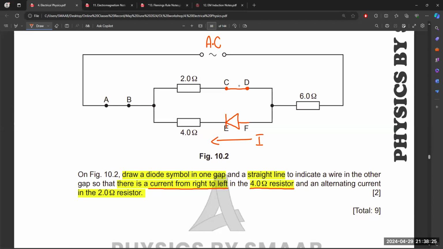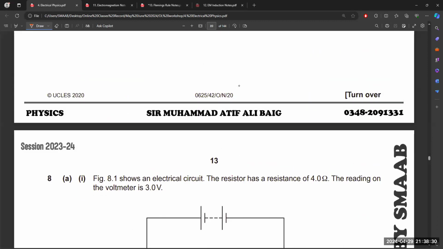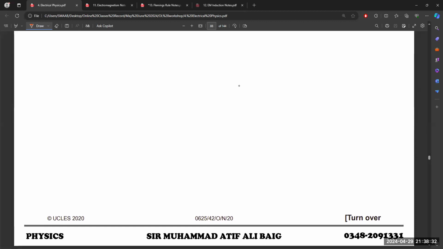So mostly you observe, now we are at October/November 2022, like 2022, sorry, 2020, 21, 22, 23, 2020. So in these 3 or 3.5 year variants, you observe there are very few questions related to DC, right? You are getting more questions on electricity; we observe they are greater in quantity as compared to electromagnetism, right?